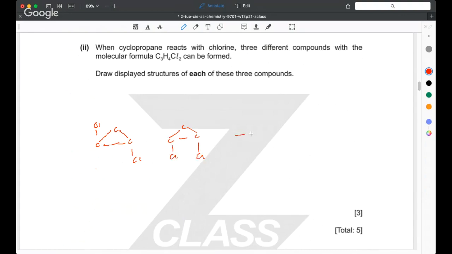Or you could substitute, couldn't you, for both the hydrogens that are on the carbon atom there, you could substitute a chlorine atom for both the hydrogens. And so those are the three possible isomers when you have two chlorine atoms substituting for hydrogen atoms in that cyclopropane.